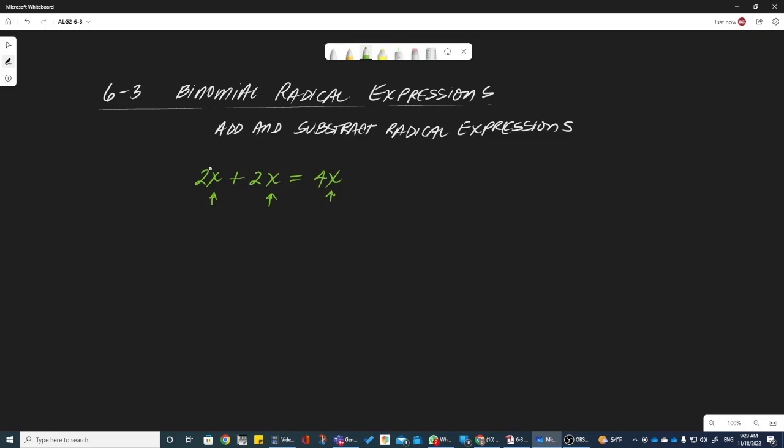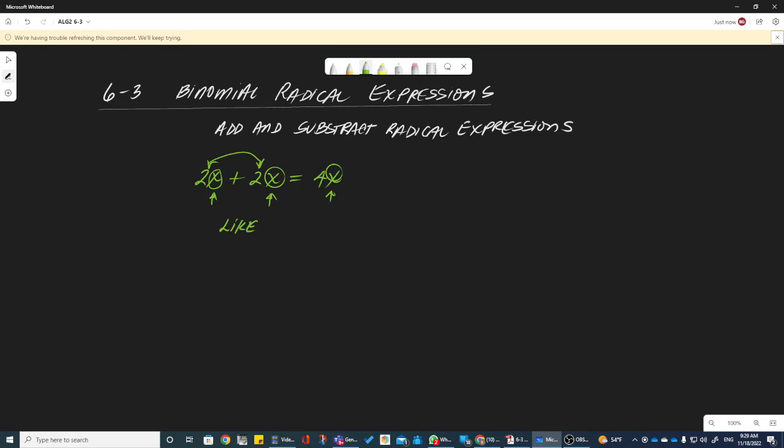And the reason you can do that is because the coefficients can be added because you have the same kind of expression, and we call these like terms. Okay, so we call that like terms because they are alike.